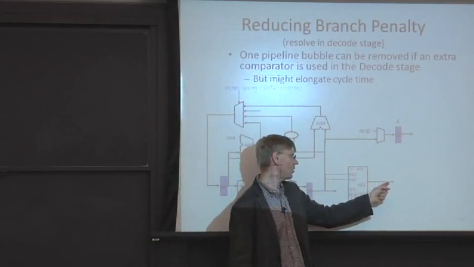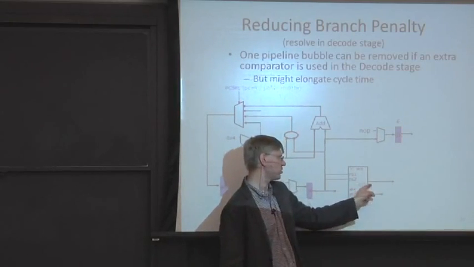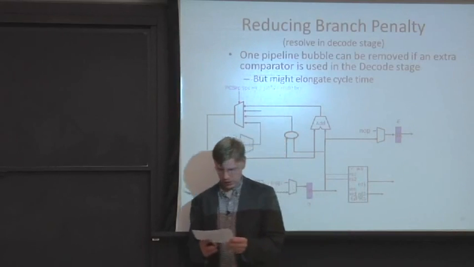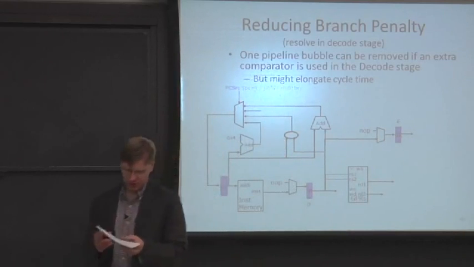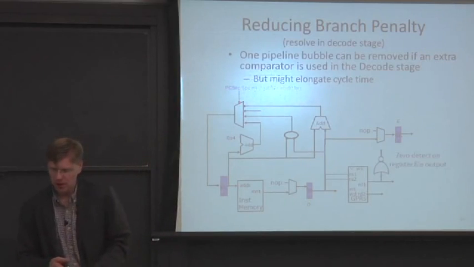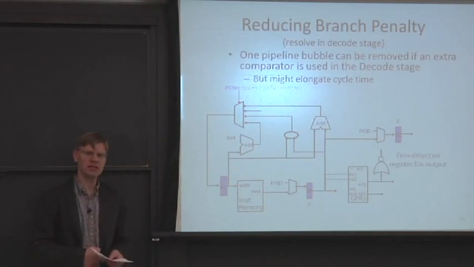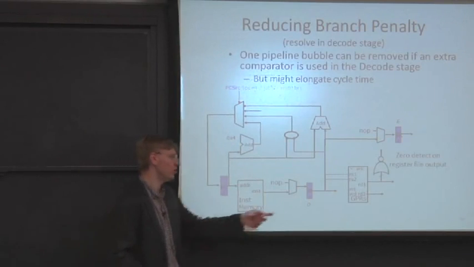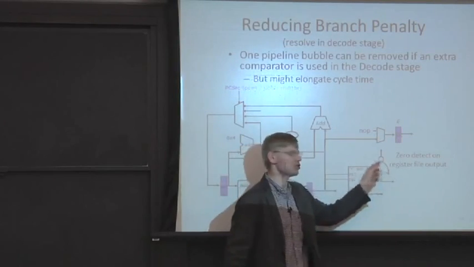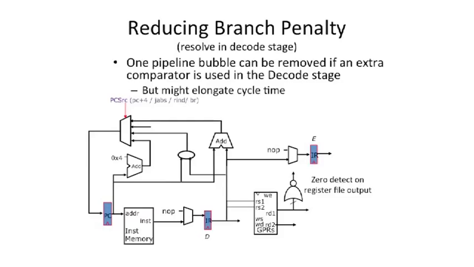And we need to know that, let's say, register 1 is 0 or not 0. So some people came up with this smart idea that we can add a 0 detector onto the register file output. And by adding the 0 detector into the register file output, we'll know which way the branch goes.